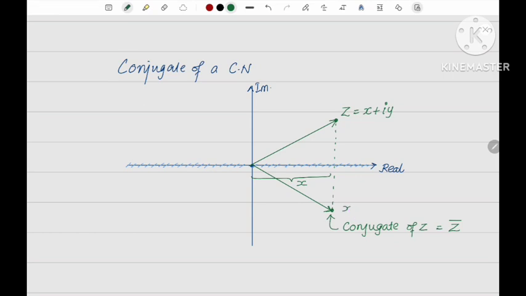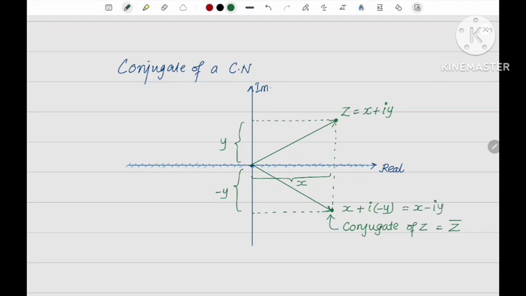So I will have x, but this portion which was y is now going to become minus y. So this complex number will become x minus iy, or rather if I write it like this, x plus i into minus y, which is equal to x minus iy, right?